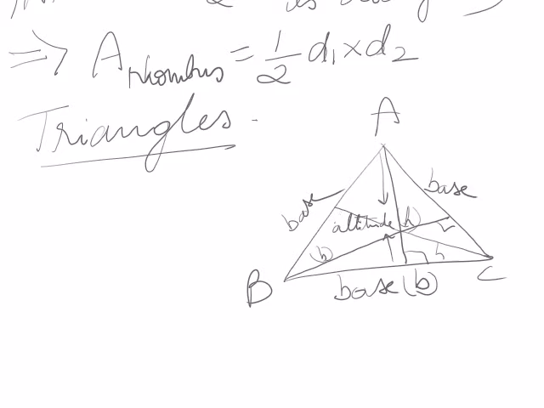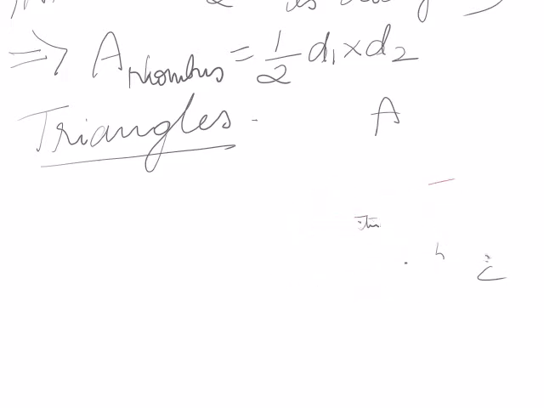Okay. So if AB is the base, then this perpendicular drawn from C will be the height. If BC is the base, then the perpendicular drawn from the opposite vertex A will be its height. If you consider AC as the base, then the corresponding perpendicular will be the height. I will draw three figures, then it will be more clear to you. Otherwise, you may get confused. Okay?